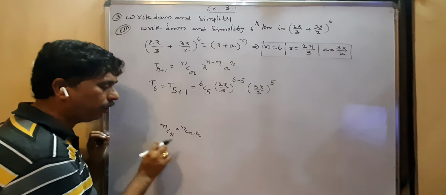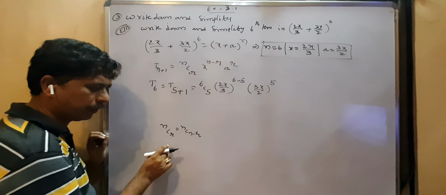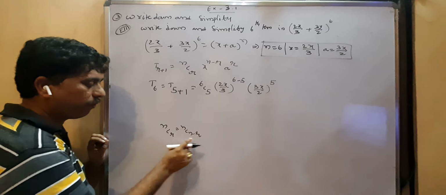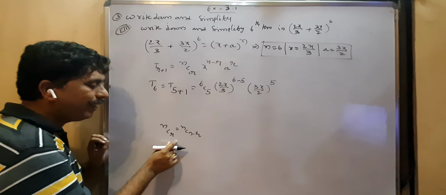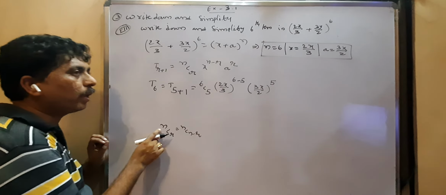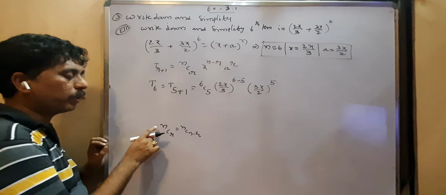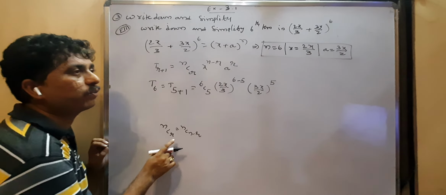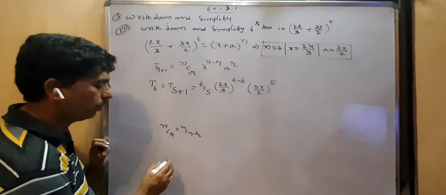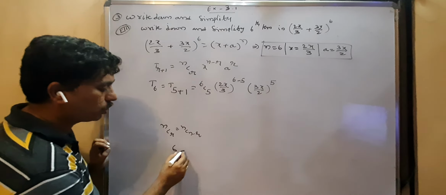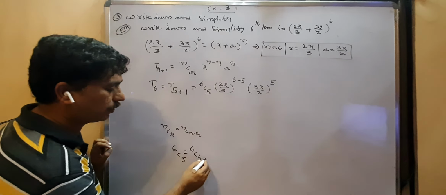This formula you can apply only when r value is more than half of n. Then only you have to apply this formula, otherwise don't apply that formula. 6c5, 5 is more than half of 6, so 6c5 can be written as 6c 6 minus 5, that is 6c1.